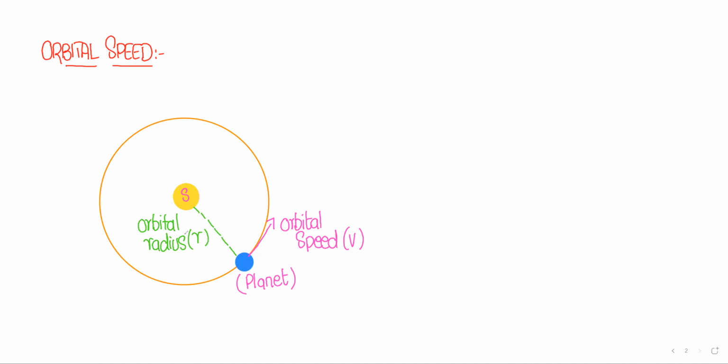So when it completes one cycle or the complete rotation, for that we have to find out the value of the orbital speed, or the formula to calculate the orbital speed for the different planets.